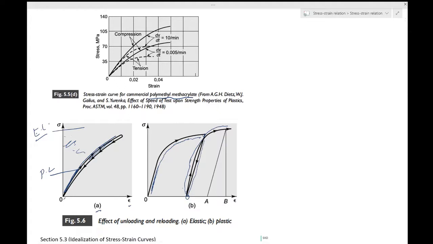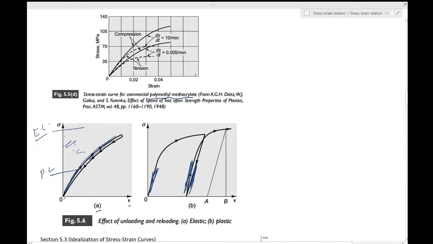Now what they say is that the slopes of the unloading and the reloading curves are nearly equal to the slope of the initial elastic region.